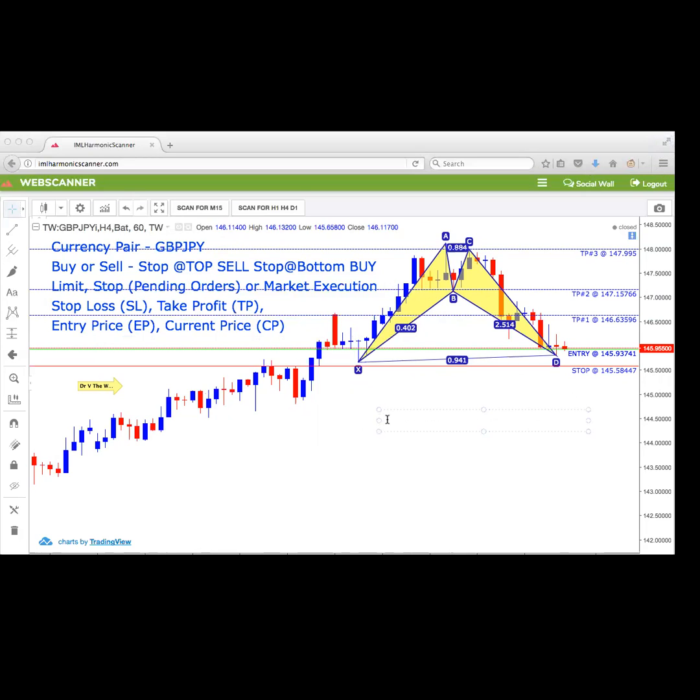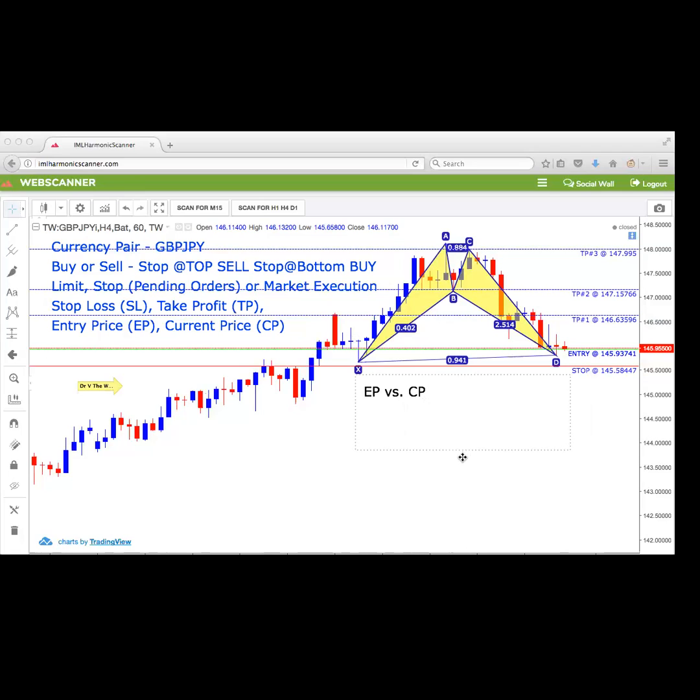So when you're trying to determine whether it is a pending order or a market execution, you have to look at your entry price versus your current price.